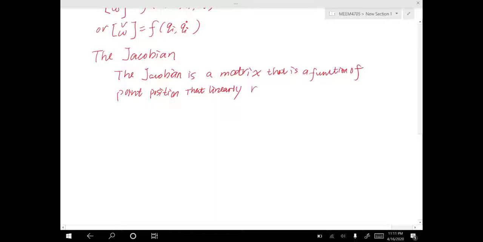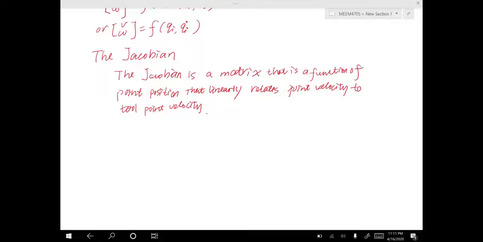Linearly relates the joint velocity to tool point velocity. Okay, so this is the definition of Jacobian. So it is a matrix, and this matrix is only a function of the position. It's not a function of velocity.